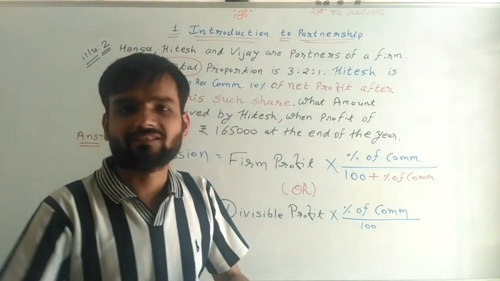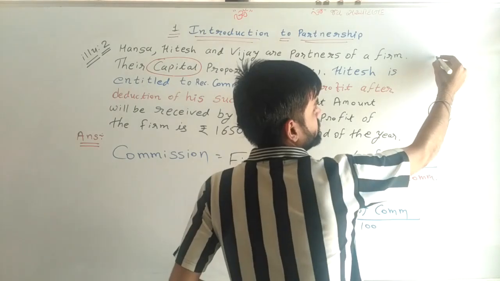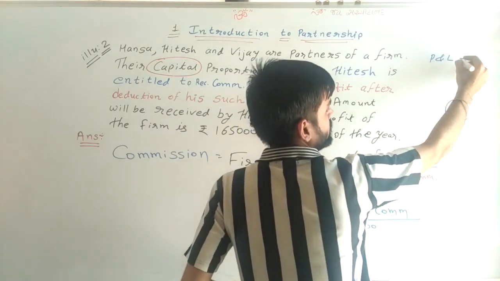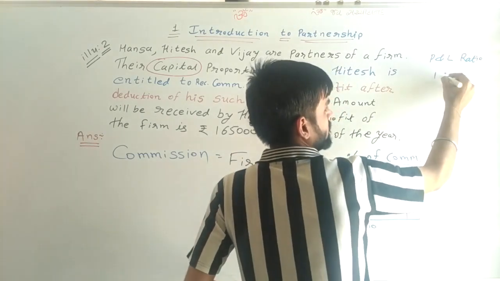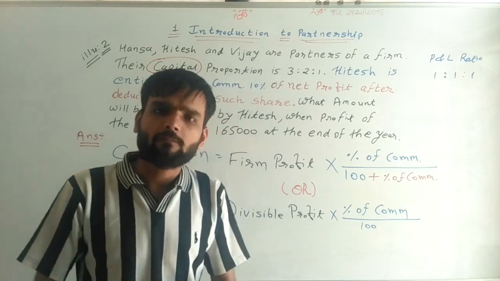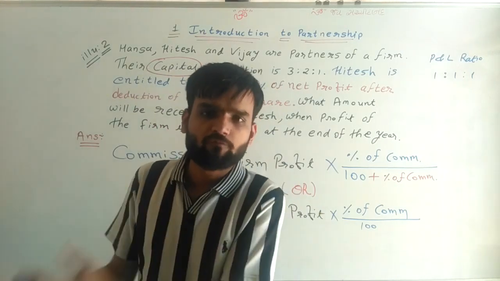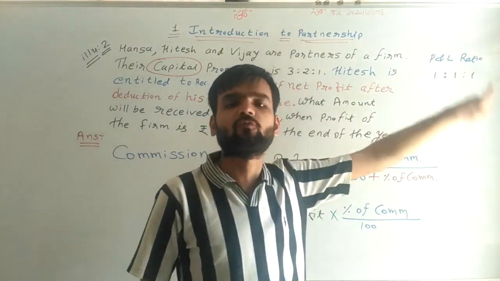So first I write here the profit and loss proportion, 1:1:1. Whatever profit the firm makes is distributed among the partners in the ratio of 1:1:1.